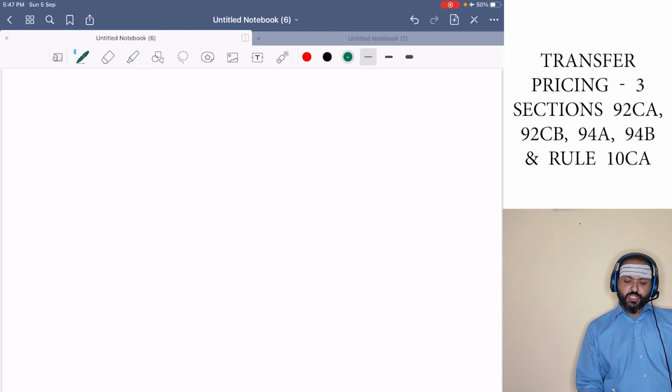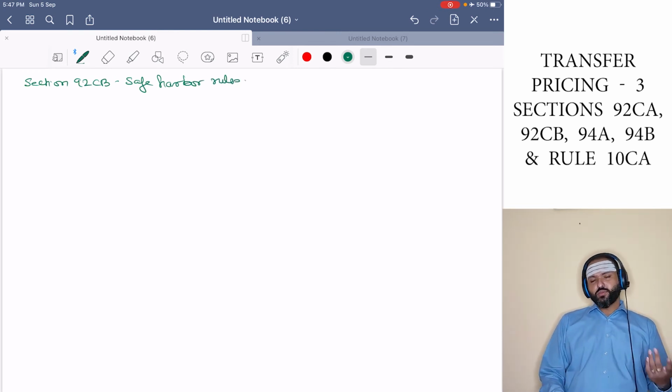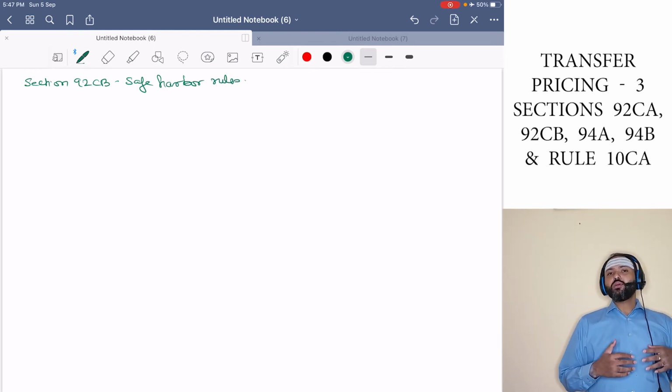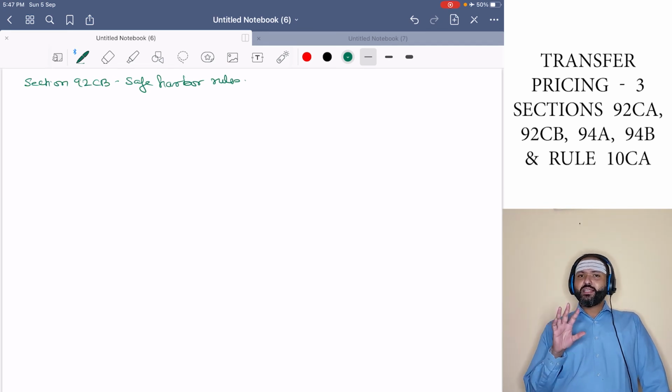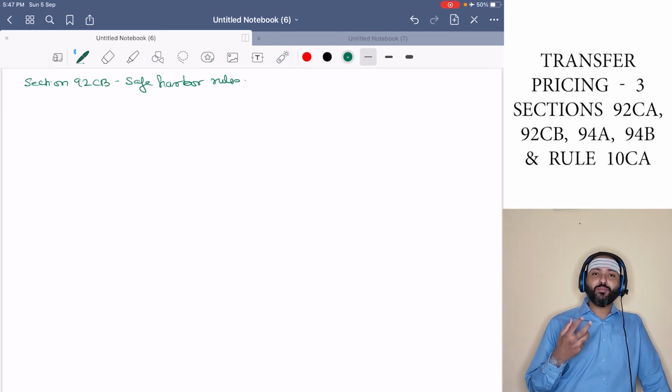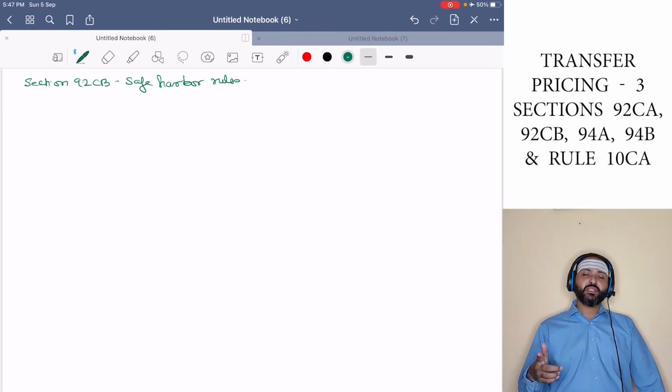Then we have one more section called section 92CB. This is called as what? Safe harbor rules. Now, the problem with transfer pricing was that often the assessees and the department kept fighting over whether this is correct, whether this is appropriate pricing or not, whether this is at arm's length or not.